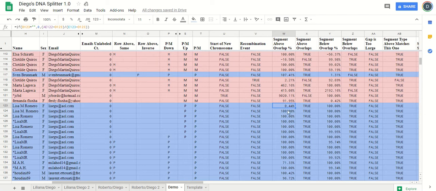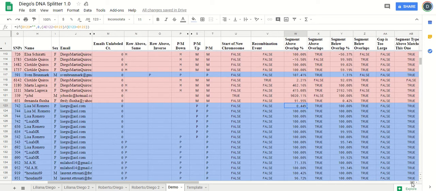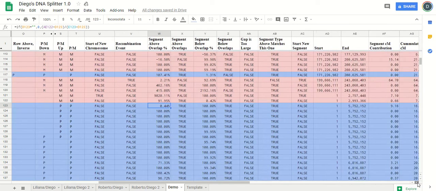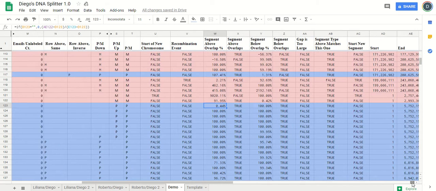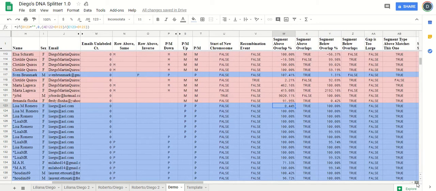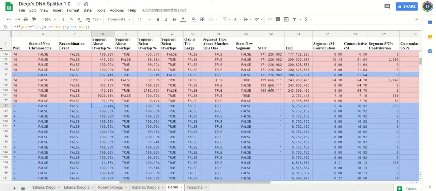It's being used later on, but what the formula is doing is looking at the beginning of the segment, which is in D, and it's going to look to see where the previous segment ended, which is right here.